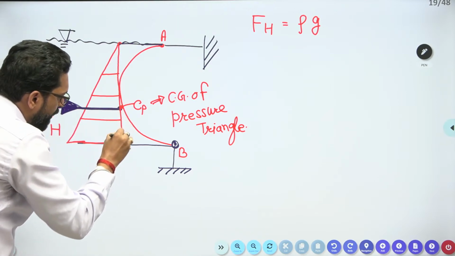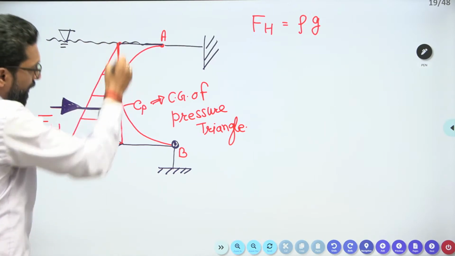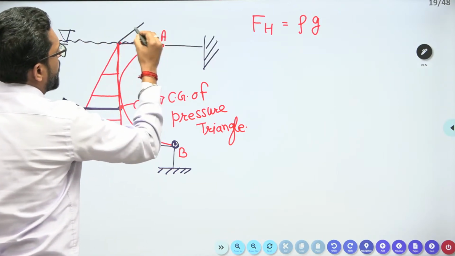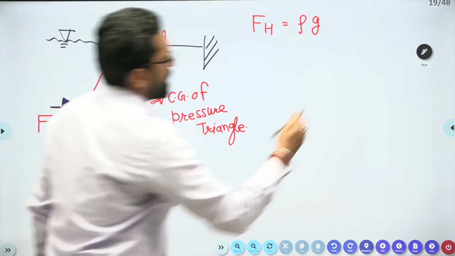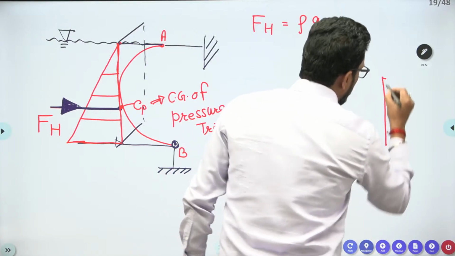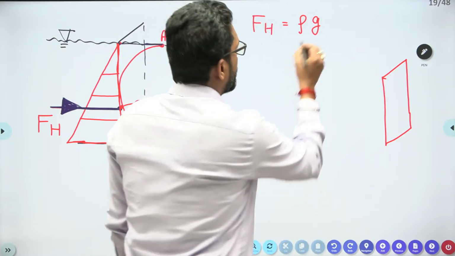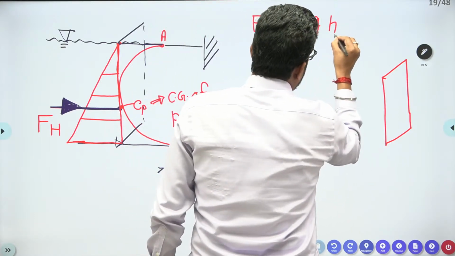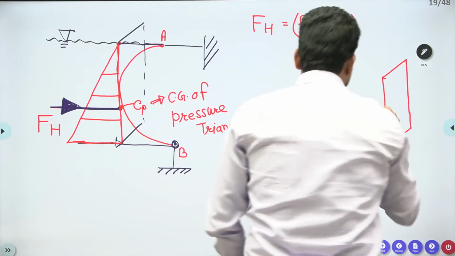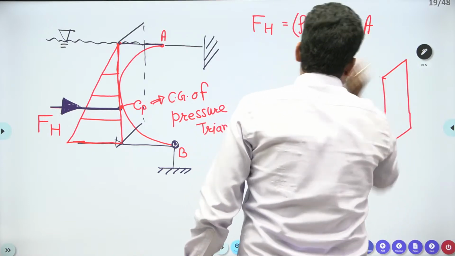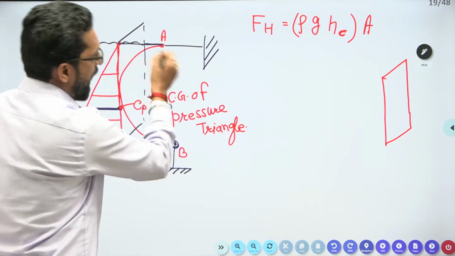Because the vertical projection of this plate is this, the plate vertically. So for its CG, that is H of C, and the area. What is the height from the free surface? Yes, height HC from the free surface.